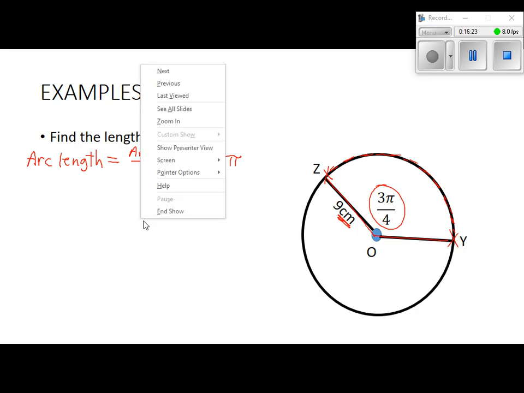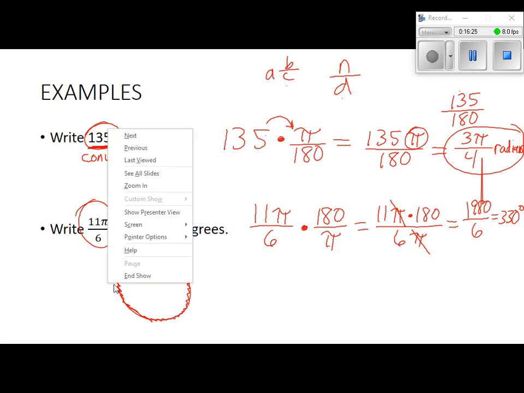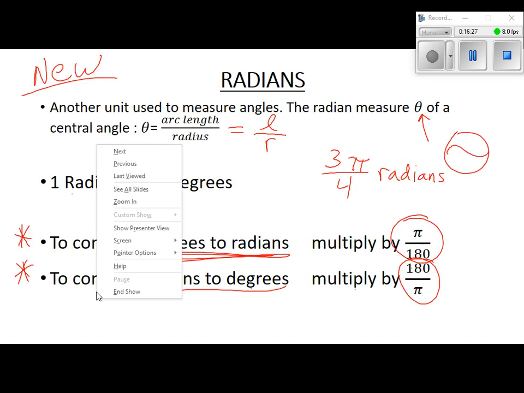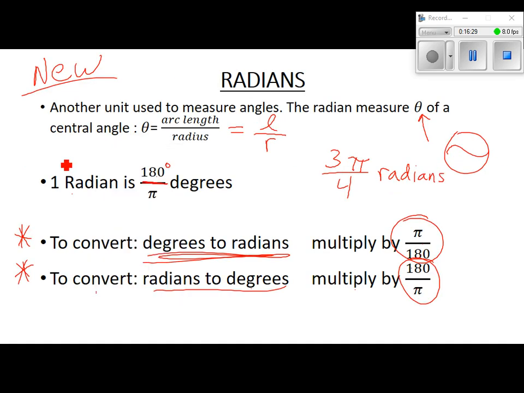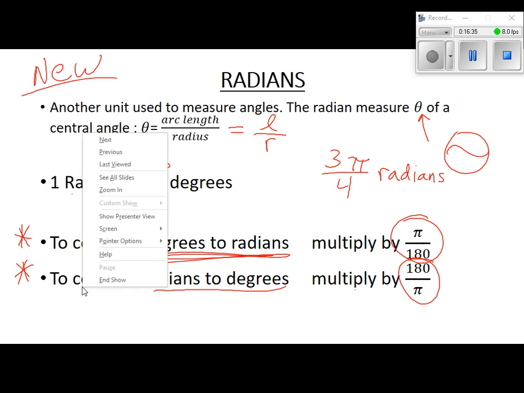We could also, if I go back, let's go back and look at this. There it is. We got theta equals arc length over radius. We could also use that as part of it. And it might be easier to use that to just know what our angle is and what the radius is, and then switch it up to find the arc length.